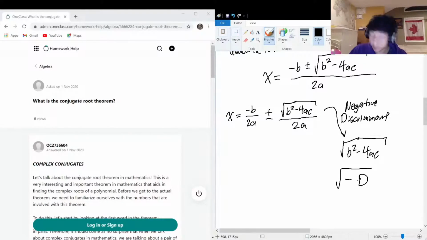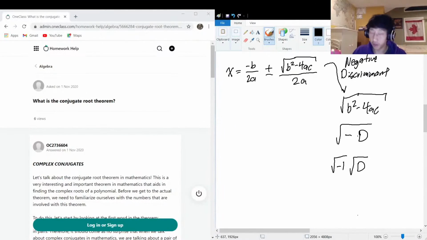We know that the square root of negative d is really the same as the square root of negative 1 multiplied by the square root of d. And the square root of negative 1 makes the imaginary number i, so it just makes i multiplied by the square root of the rest of the discriminant.